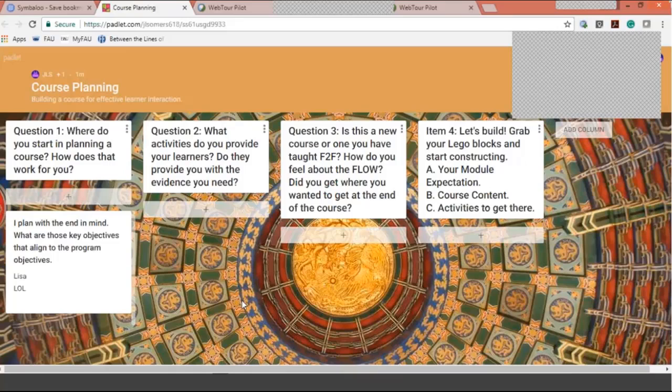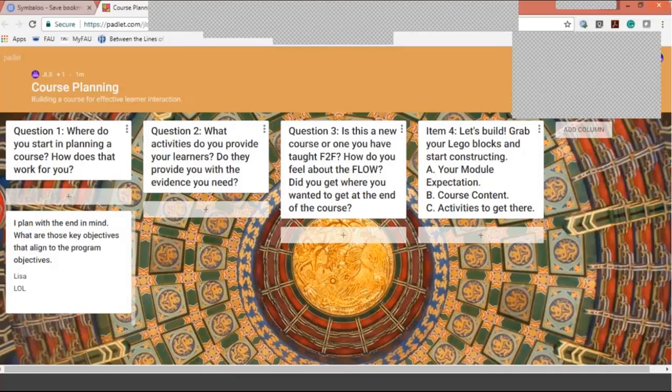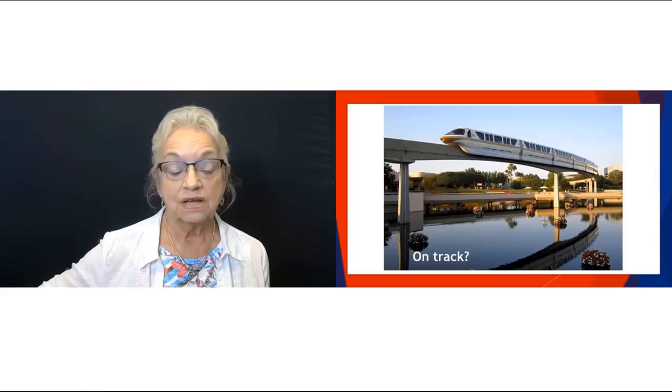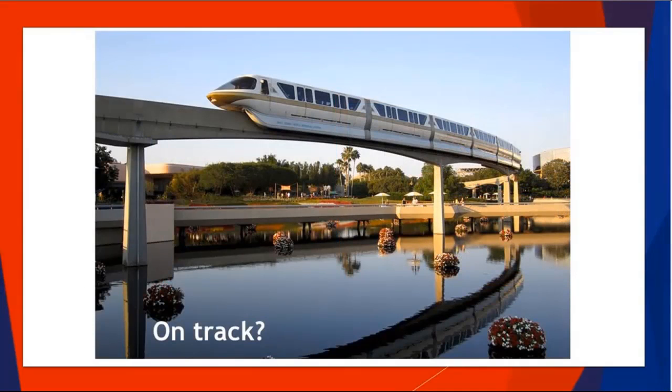Anybody have any comments? Want to either add in there or speak up? Either way is fine. Okay, so I'm going to take us back to where we were then. What I want you to think about, as you think about those activities that you were using, is there a way to look at those activities and know exactly that your learners are right on track?